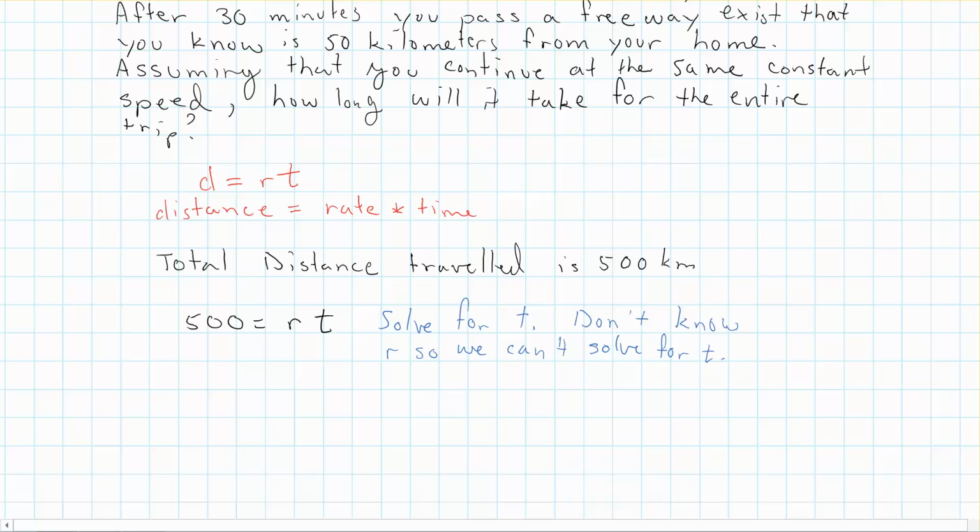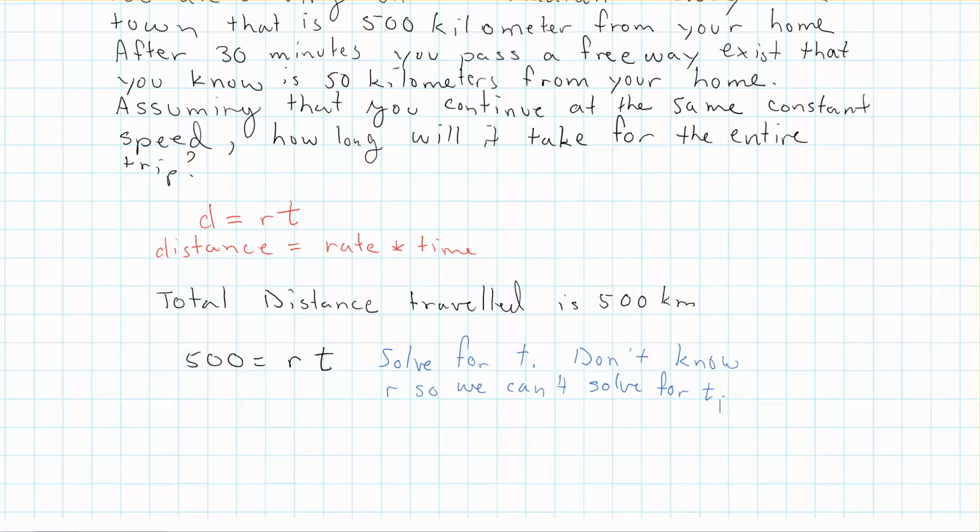Alright, let's look at our story problem. The next piece of information they gave us says that after 30 minutes, you pass a freeway exit that you know is 50 kilometers from your home. Well, that gives me a way to get a rate.